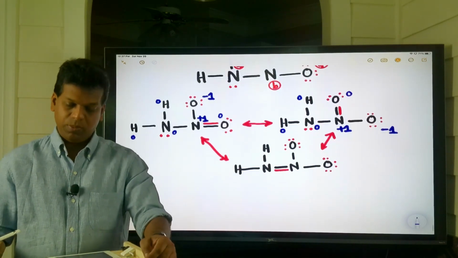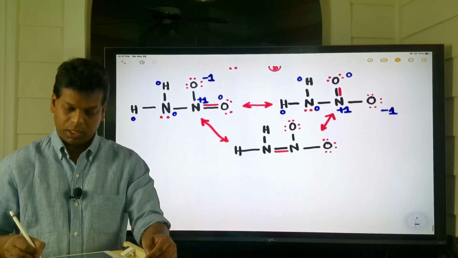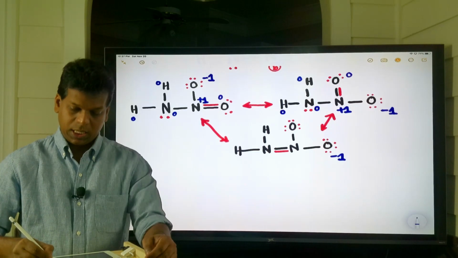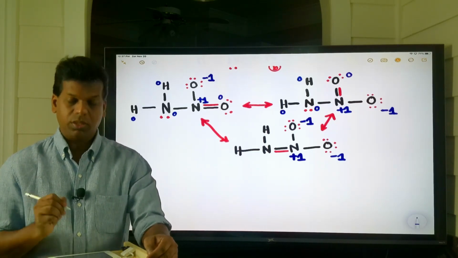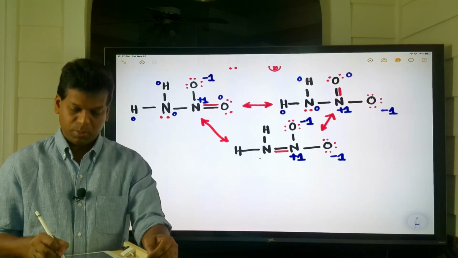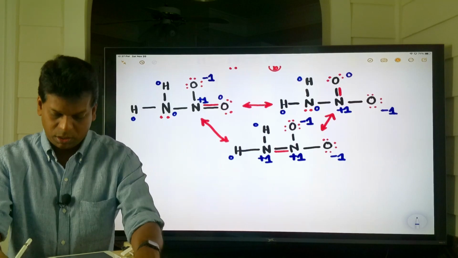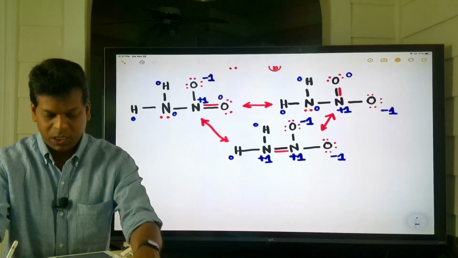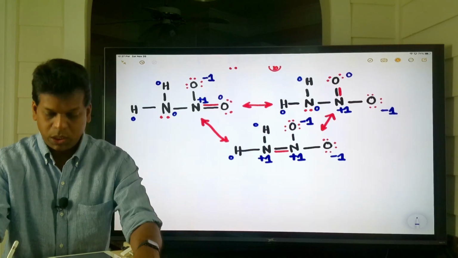Let's do the same for the third structure. Oxygen D is -1, oxygen C is -1, nitrogen B is +1, nitrogen A is again +1, hydrogens are zeros. So those are the formal charge distributions. Now we have to decide, by looking at the formal charge distribution, which one is stable.